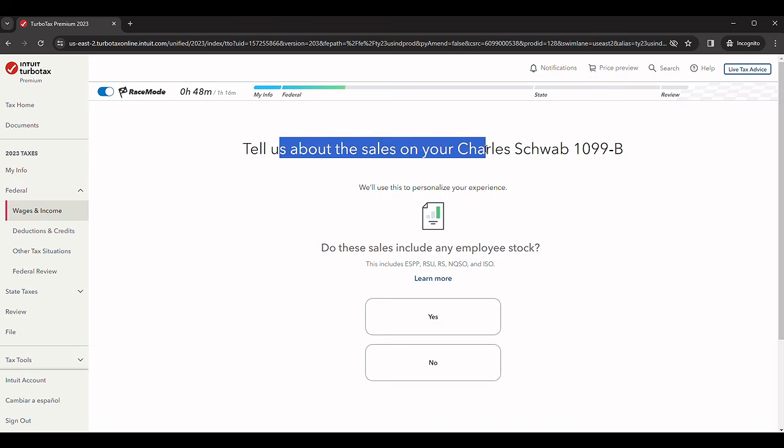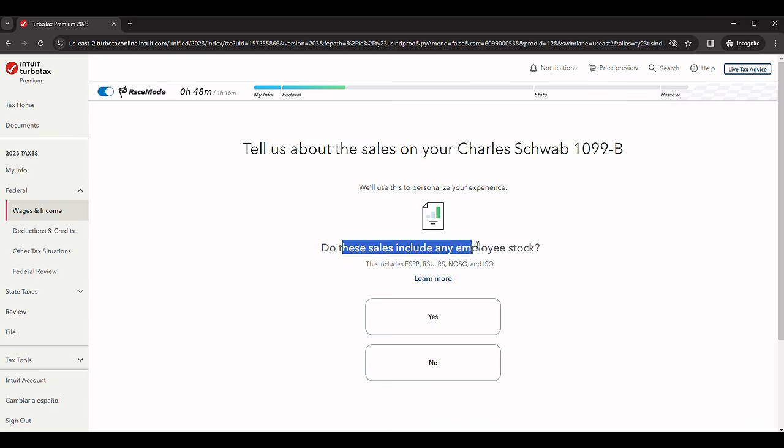Tell us about your stock sales on your Charles Schwab 1099-B. Do these sales include any employee stocks? So they're talking about restricted stock units, non-qualified stock options, incentive stock options. These are things that are related to your employment.